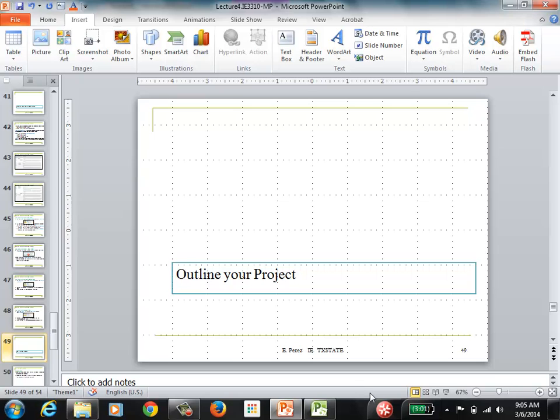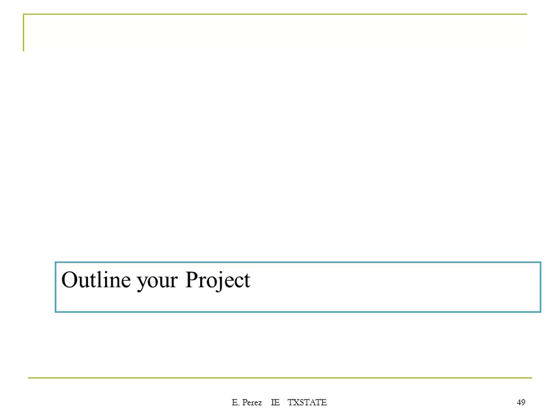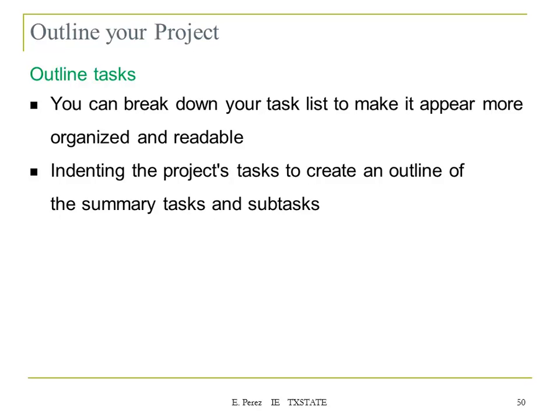The last thing that I have to show you today is the outline on your project. You can break down your task list to make it appear more organized and readable.